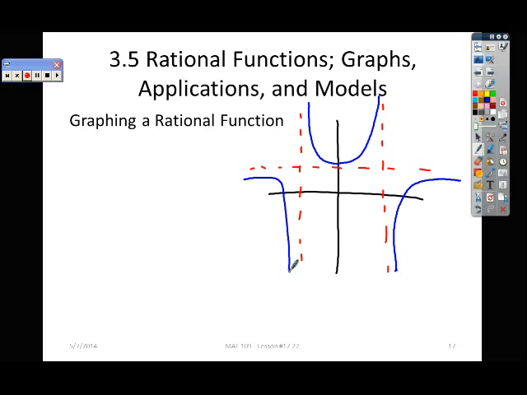It doesn't cross these out here, never crosses these. But it gets closer and closer to this horizontal asymptote. As I go further out, it gets closer. The blue is the actual graph. The red ones are the asymptotes. Dashed are the asymptotes, and the solid is the function.